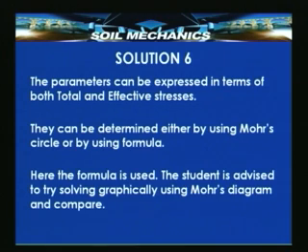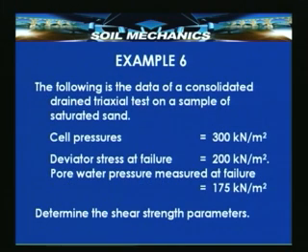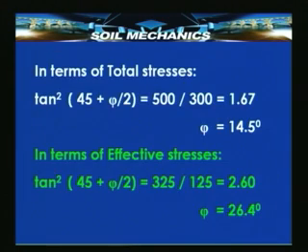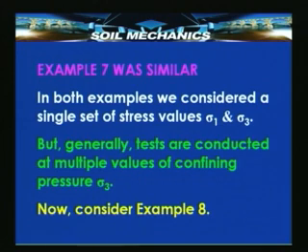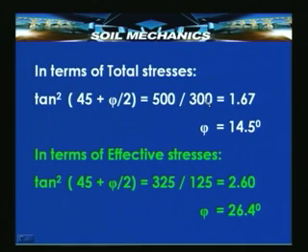It is the cell pressure plus the deviatoric stress, that is sigma 1, which is 500. So, sigma 1 upon sigma 3 is equal to tan square (45 plus phi by 2). This is an expression which we had seen in one of the earlier lectures, and from this we get phi equal to 14.5 degrees.